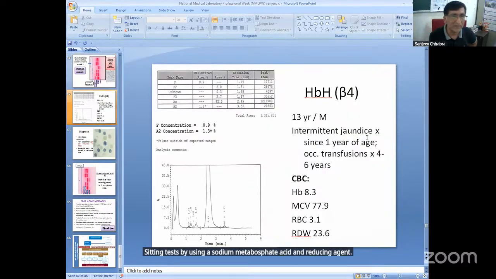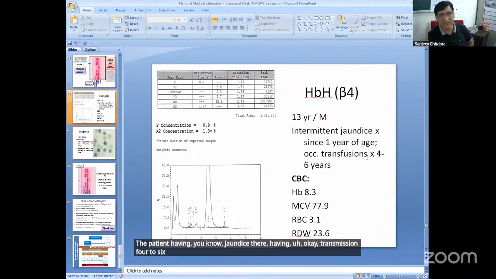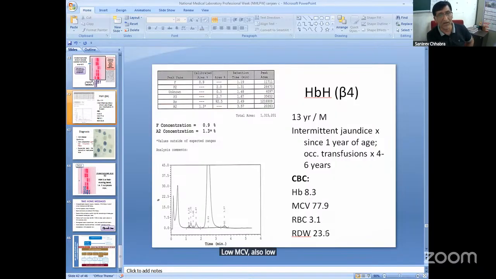Now, one more example of HbH. And here you see the history. The patient has jaundice, having a blood transfusion 4 to 6 times in 4 to 6 years. In the CBC you find Hb 8.3, low, MCV also low, RBC also low, and RDW 23.6, and you find a peak of this.